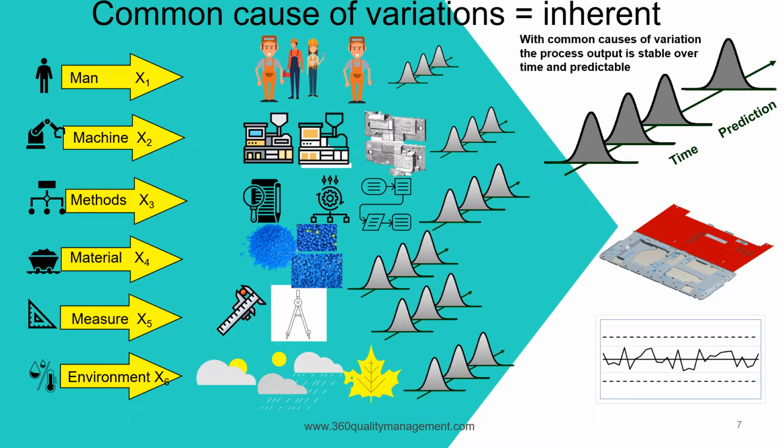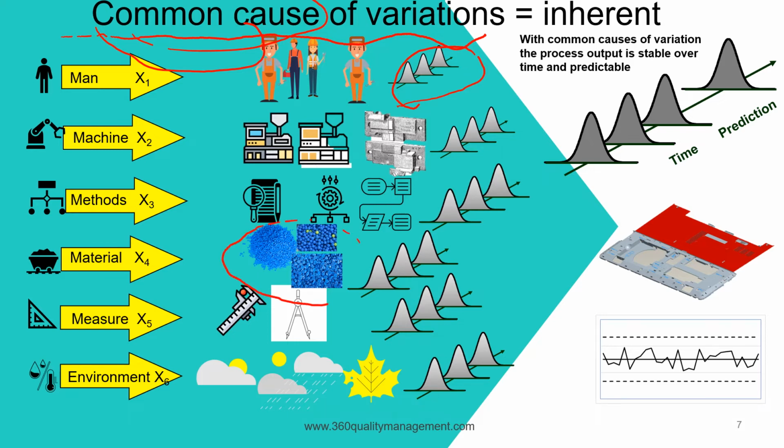Here, we shall look at the first type of variation, which is known as common cause variation or natural variation. This type of common cause variation is actually inherent to the process, and it is very small variation, such as material.